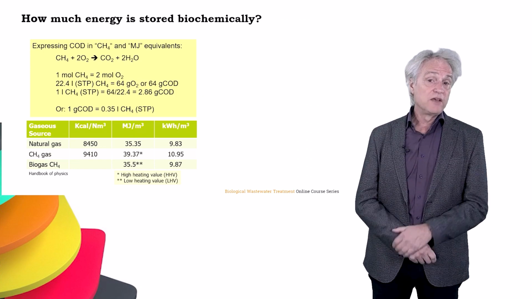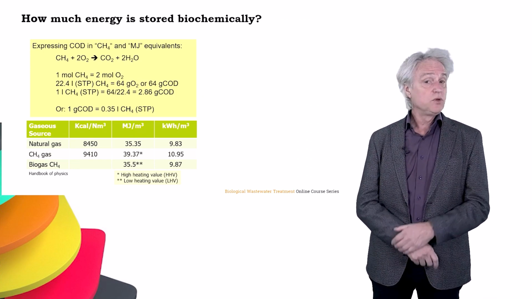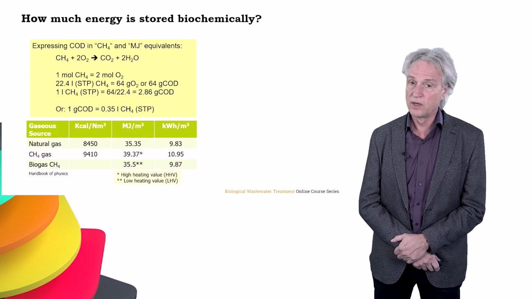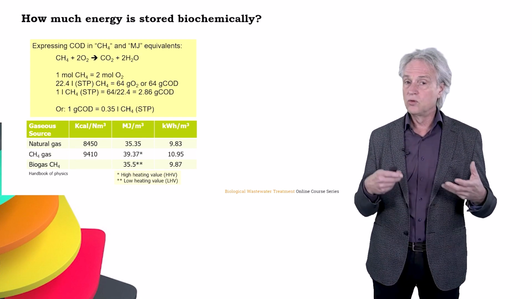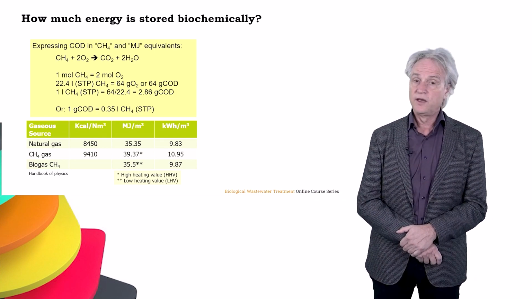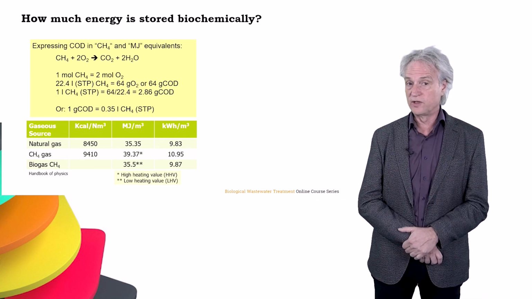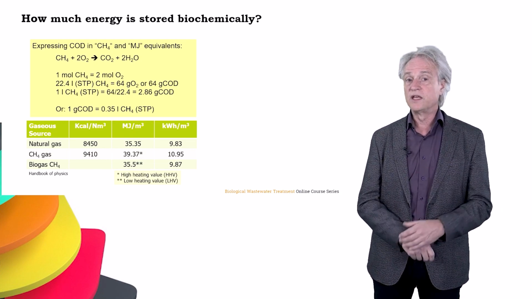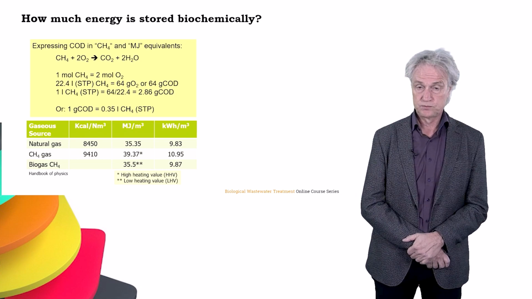Now the first question, if we work with anaerobic technology, is how much energy is stored biochemically. To calculate that, we have to oxidize the methane back to CO2 and water. In this equation, you have an oxidation of methane, CH4, with 2 moles of oxygen, giving CO2 and water.